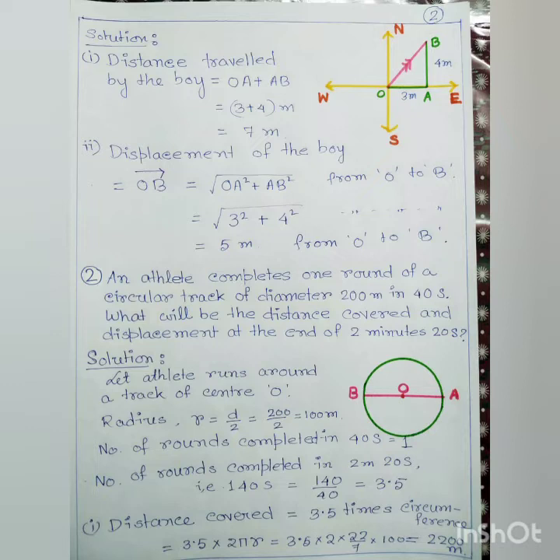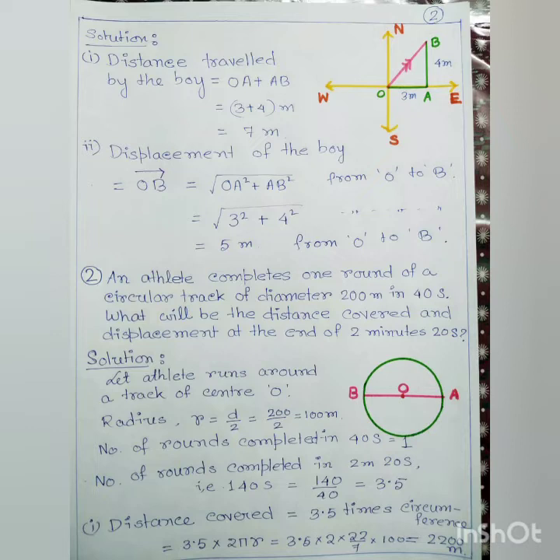In the given information, the athlete takes 40 seconds to complete one round. Means in 40 seconds, if he starts from A, again he will come back to A. Now we have to calculate during 140 seconds how much he will cover.